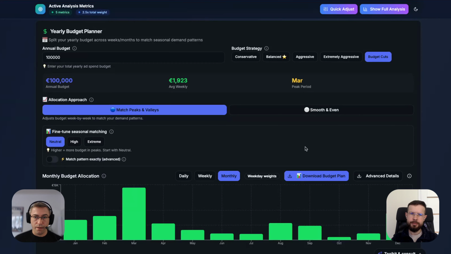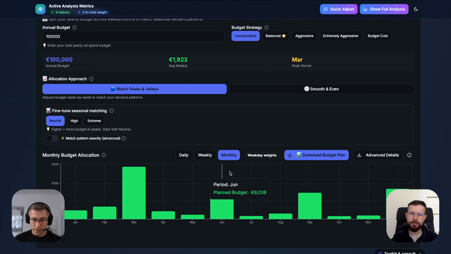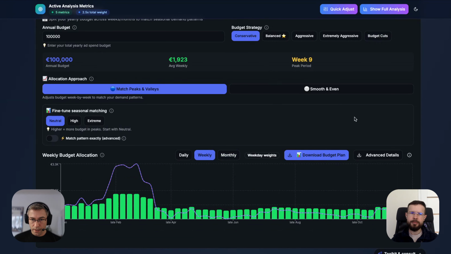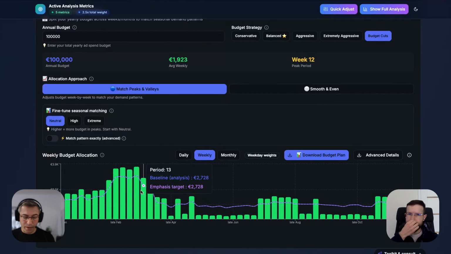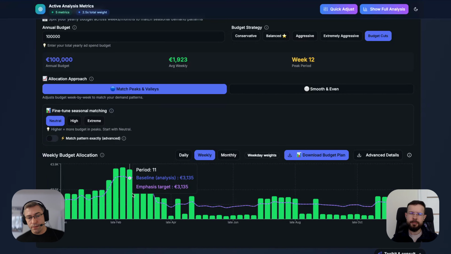Let's say you have 5 competitors and all of them have a conservative strategy, so pretty flat, and you go for budget cuts. Then this means that there are more clicks available in the market, more eyeballs during these specific months or weeks, and you capture them, and the competitors don't deploy enough money during this period of time, and this is when you can win.